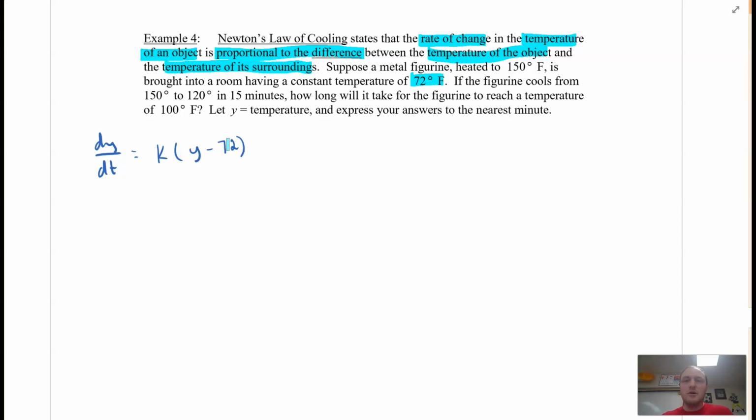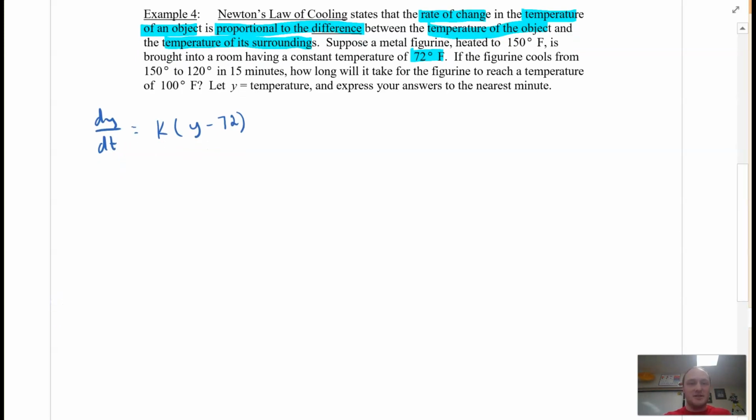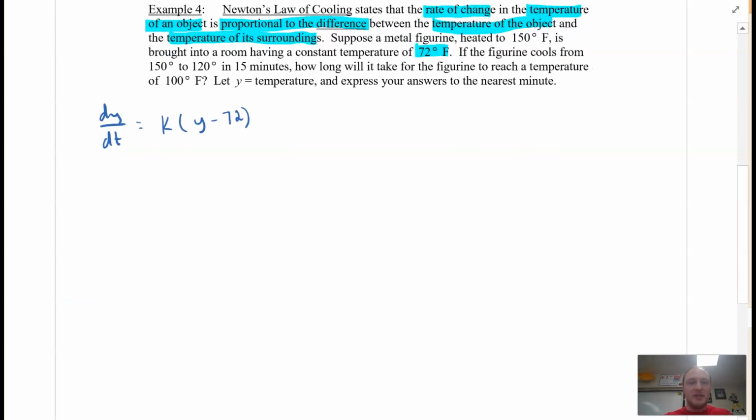Okay, so I want to write an equation that represents this situation, but getting rid of the rate of change. I'm going to use our knowledge of differential equations to solve this. So I'll multiply both sides by dt, and I'm going to bring my y's over.